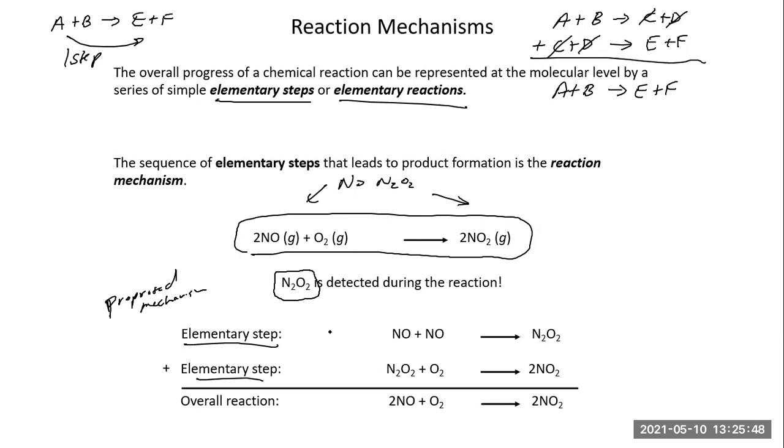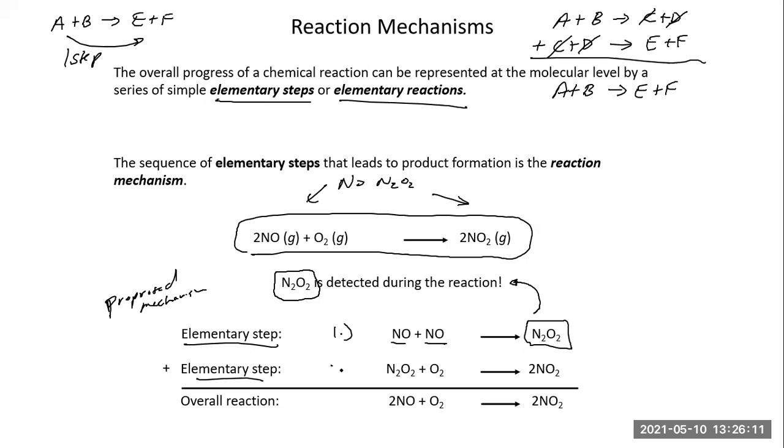In this explanation, the first step is that two NO molecules come together and form N2O2. That would definitely explain why it is detected during this reaction. Why it is not in the overall reaction can be explained by the second step.